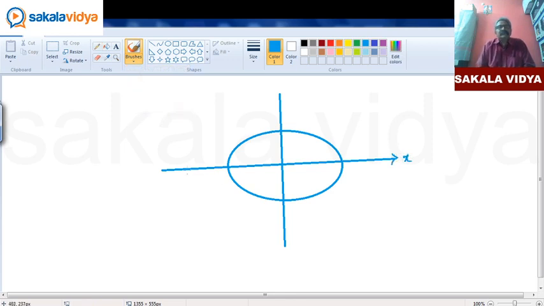Say x, this is x dash, this is y, this will be y dash. This is the major axis and this will be the minor axis. Let us draw a tangent like this.